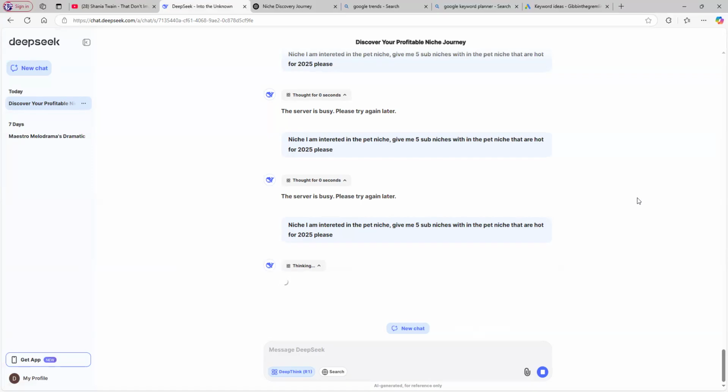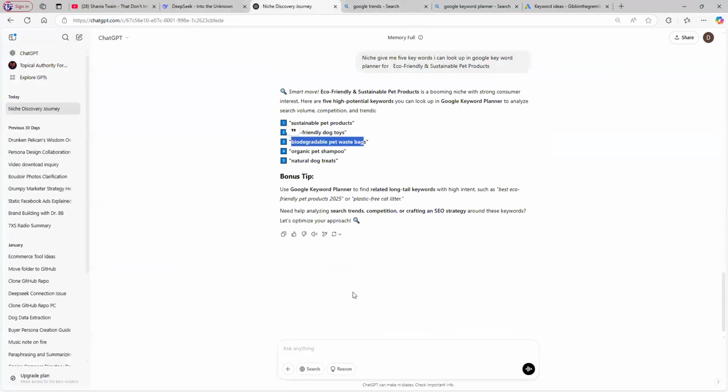Take the ideas that it's coming up with, put it into a Google document so that you can look back through it and you can get more information. And the server's probably still busy. So the best thing about niche as well is on any of the AI, you go niche. I am interested in women's fashion. Give me 10 top trends for 2024.